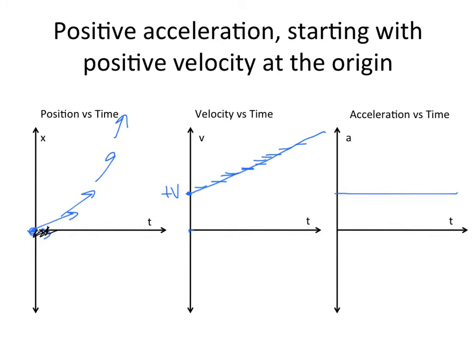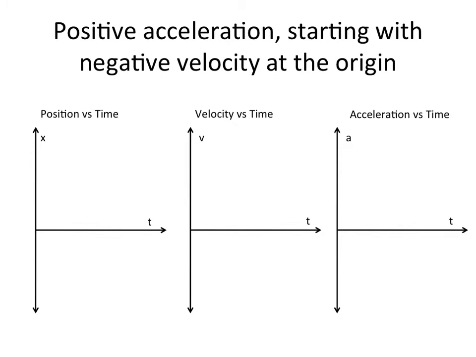It starts off with a positive slope right here and then becomes more and more positive. So we have a very rapidly, I shouldn't say upwardly, but more positively moving object. And that makes sense. It's got a positive velocity and a positive acceleration. So it's going to be moving downrange very, very rapidly.